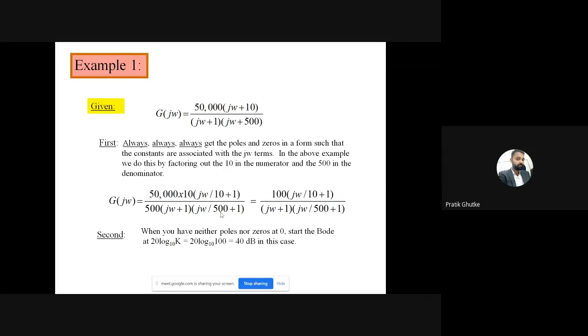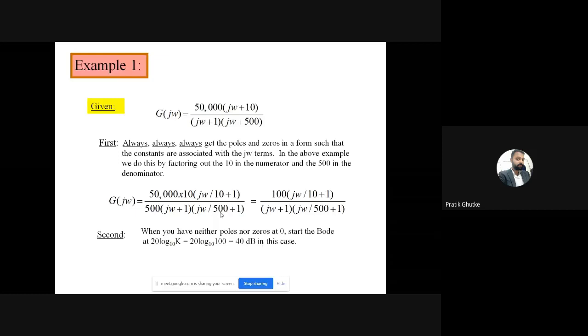In the numerator I have 50,000 in bracket j omega plus 10. I will take 500 common because 1 plus j omega is in standard form, but j omega plus 500 is not in standard form. That's why I will take 500 common from the denominator side. In the numerator, I will take 10 common, because it is not in standard form. So 10 from the numerator and 500 from the denominator.